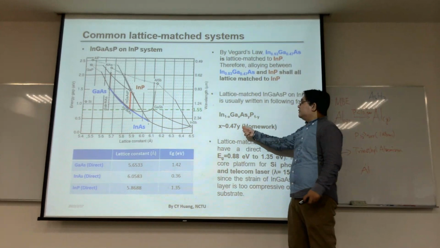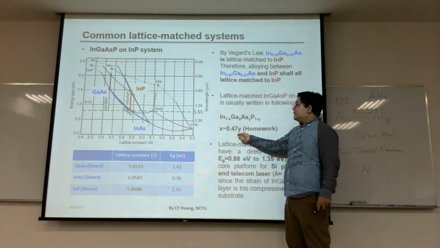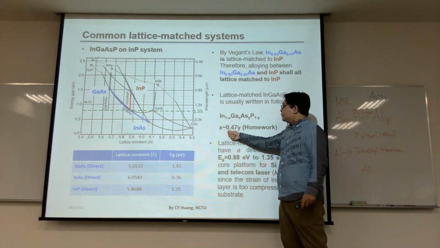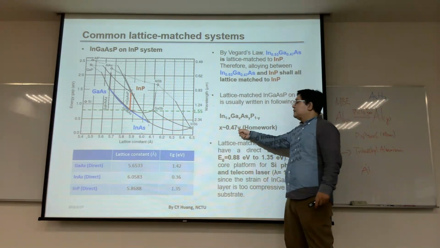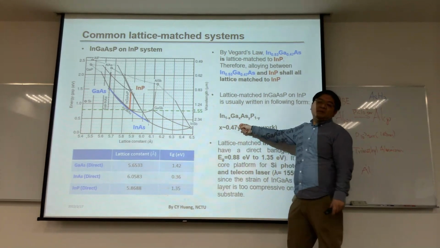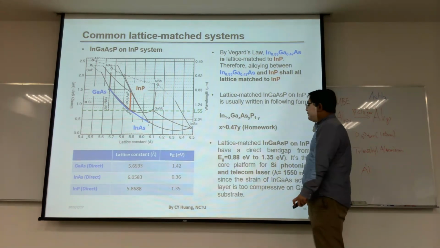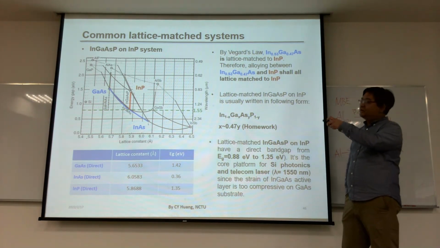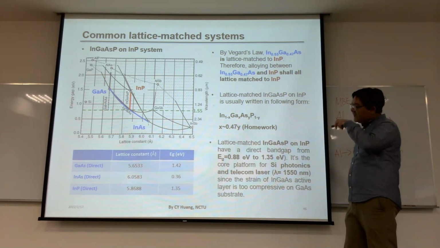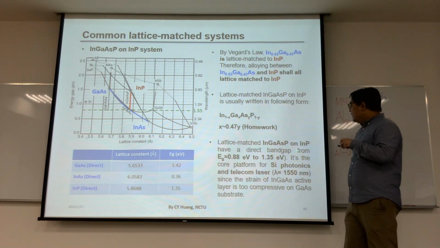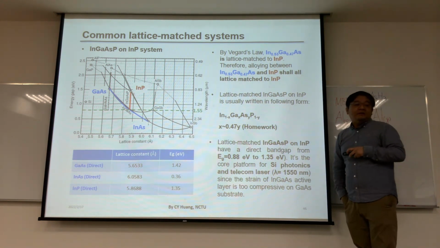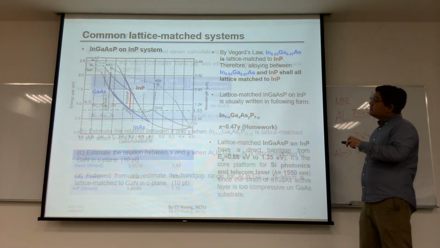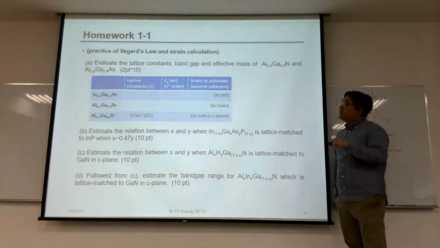The relation between x and y is around x equal to 0.45 y. This is homework: you can do a pretty simple calculation. Then you can design your material between 0.88 eV and 1.35 eV. So that's another common system. Okay, so that's the homework.